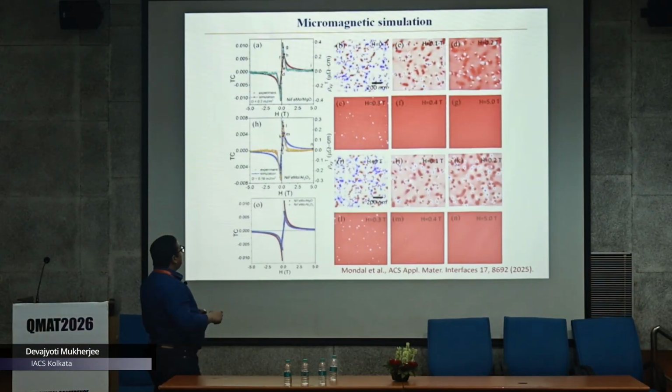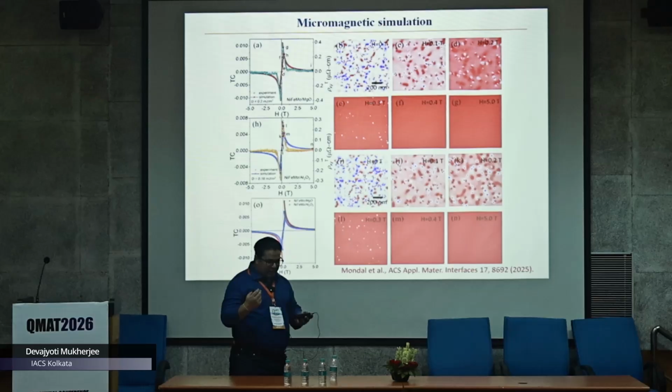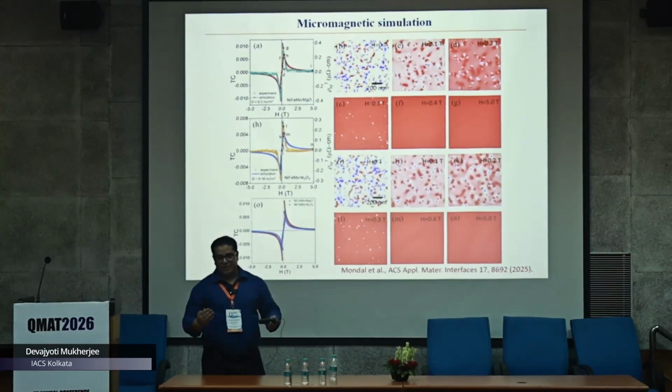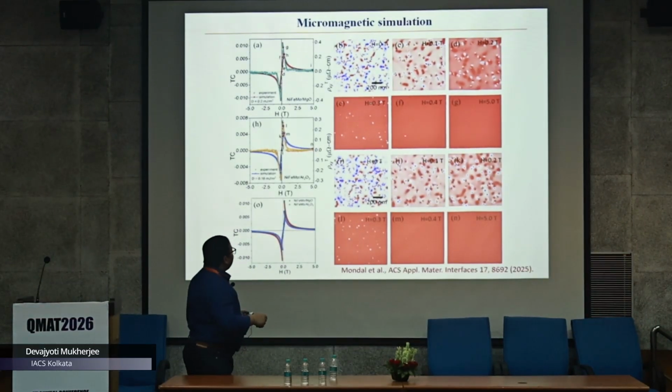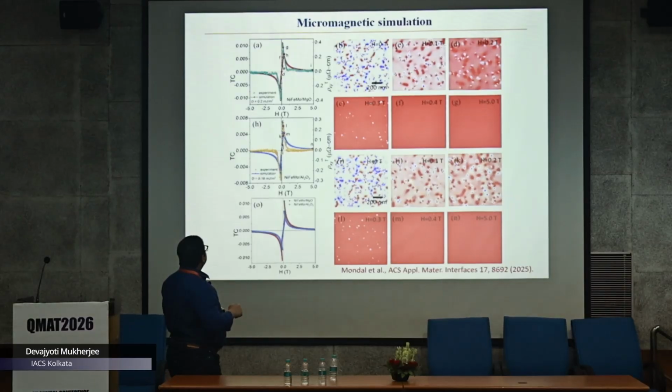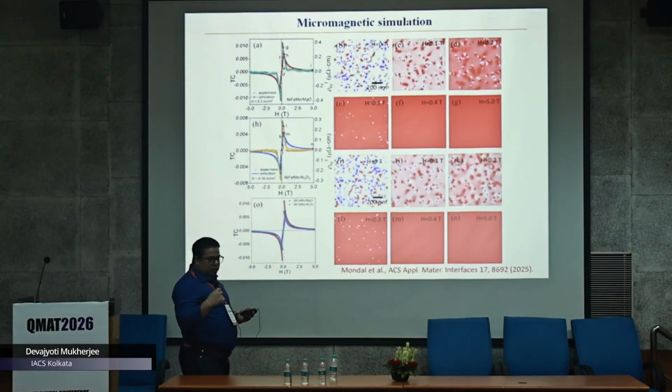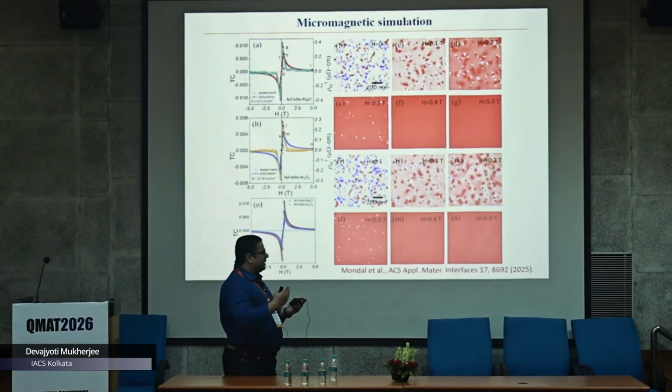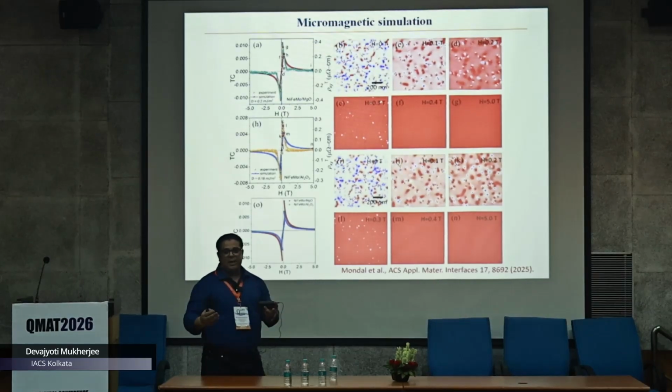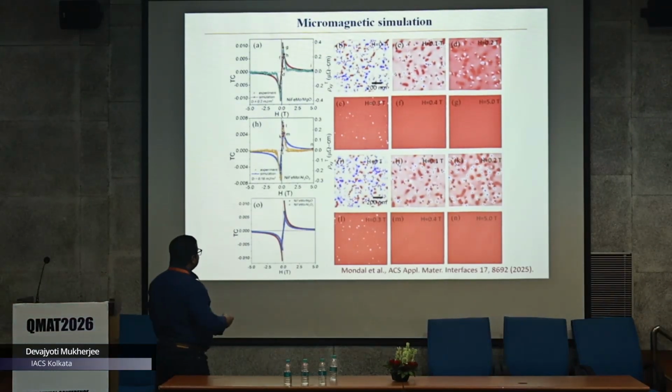So then after that, we used micromagnetic simulation to see if these are actually skyrmions. And in these simulations, what we calculated is the topological charge. So the topological charge is basically the spin chirality that you can calculate using these already predefined models. And this is a Mumax software that we used.